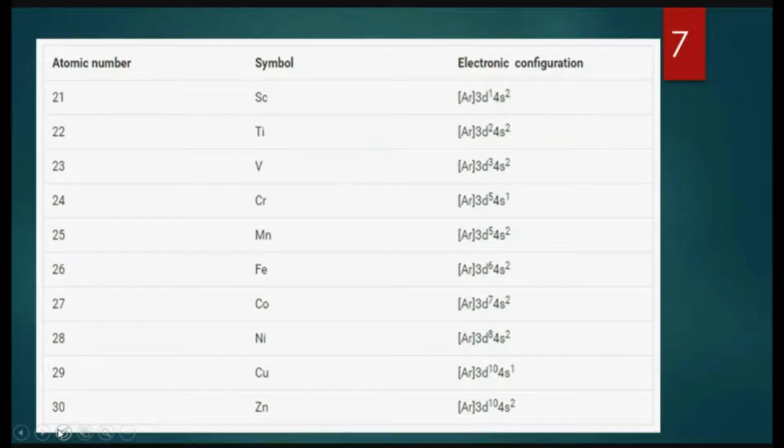Here you can understand that in these elements the 3d orbital is progressively filled. That is why this first transition series of elements is also called the 3d transition series, because in these elements the 3d orbital is progressively filled.